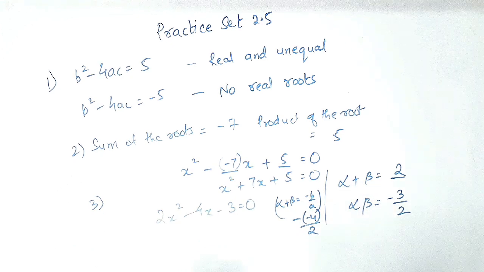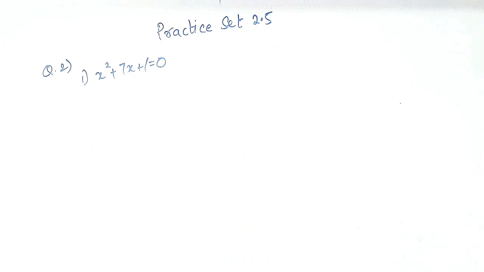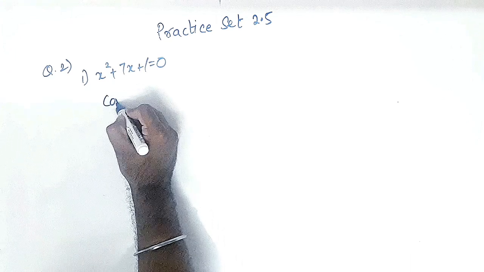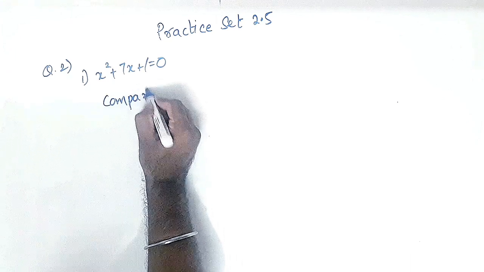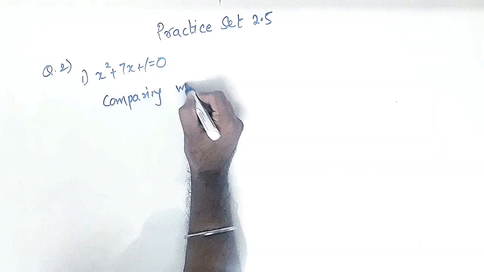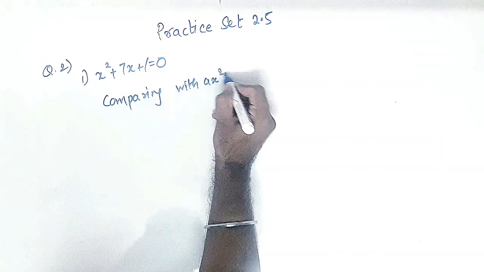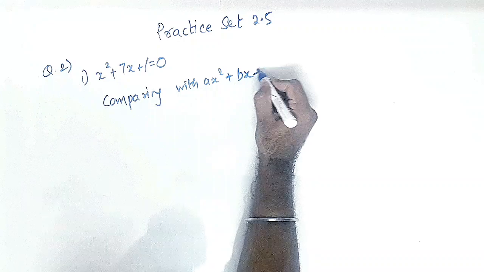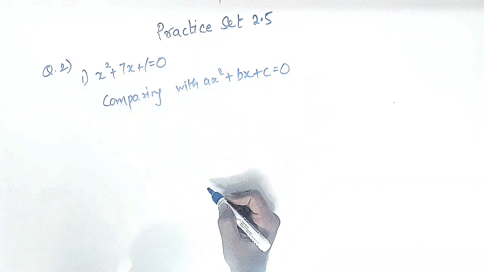Then question number 2, where the quadratic equation is given and we have to find only the discriminant. When we say discriminant only, it means b square minus 4ac. So I'll compare this equation with ax square plus bx plus c equals 0.